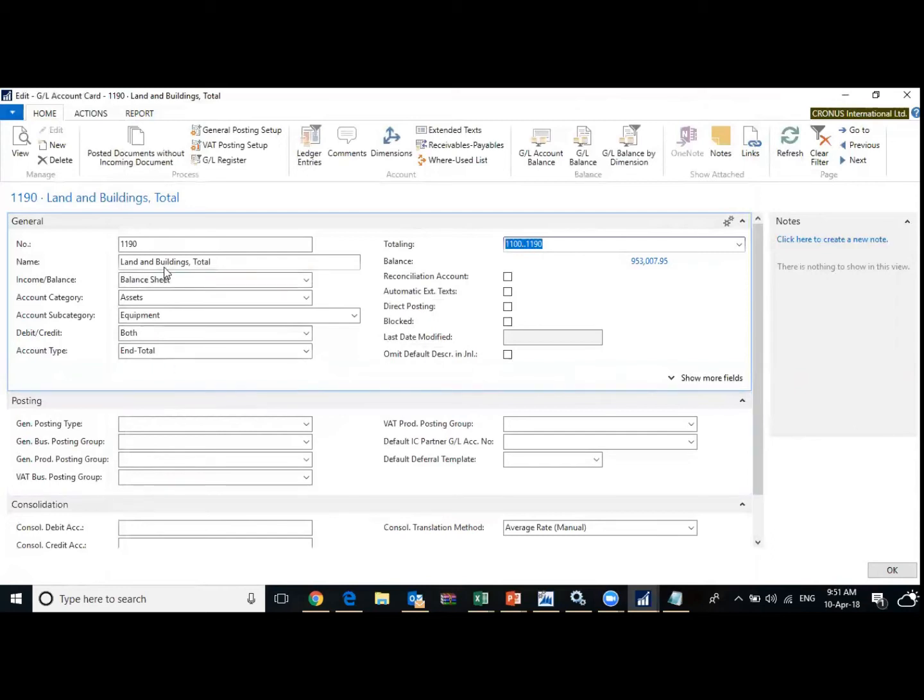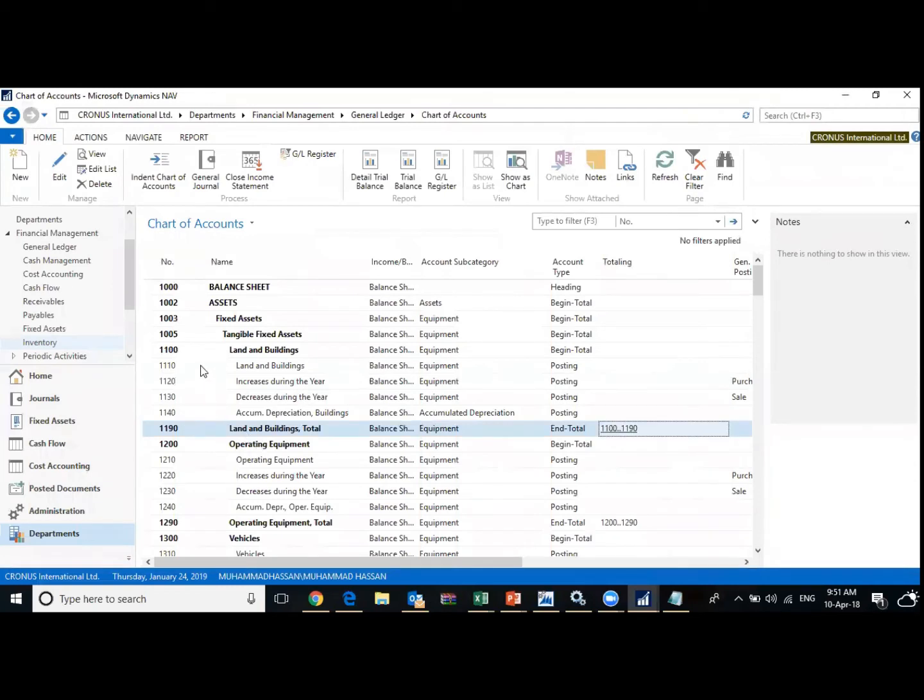For example, I have the land and building end total, and this will include anything in that category. So you have from 1100 to 1190. We can see from here that land and building is totaling until here. So all these accounts are totaled in this account.